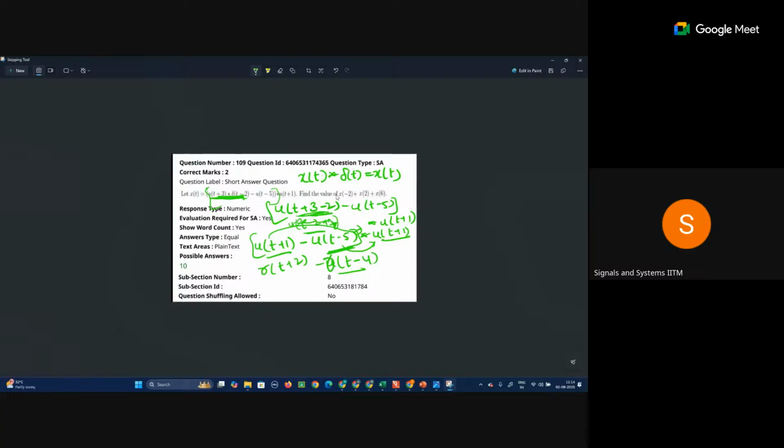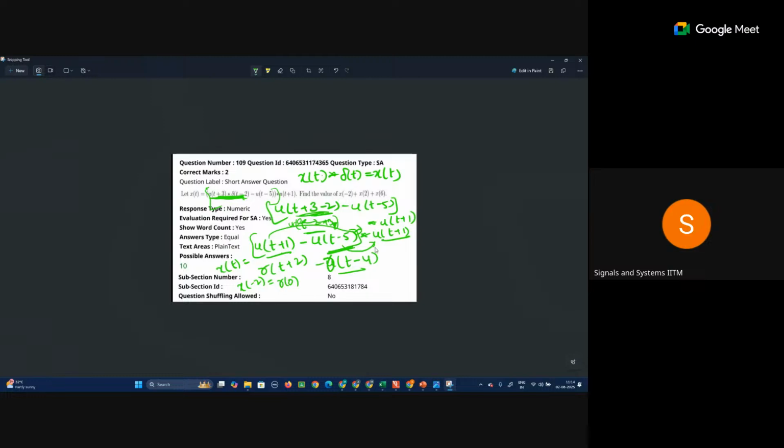They're asking us what will be x of minus 2. So this is x of t. So x of minus 2 will be, here it will be 0. Since it is minus 2, r of 0.